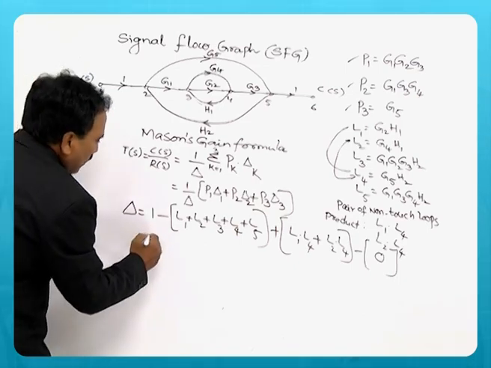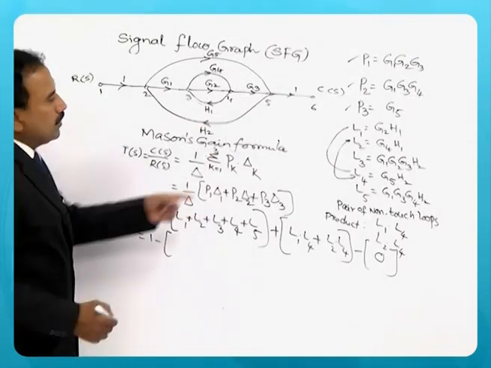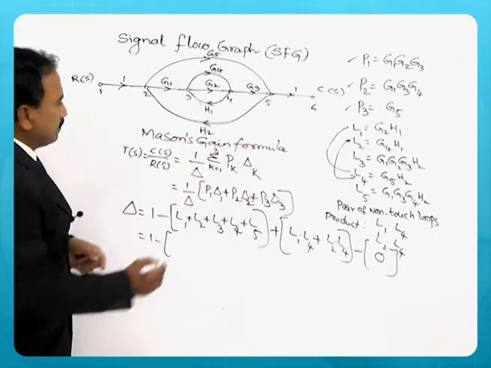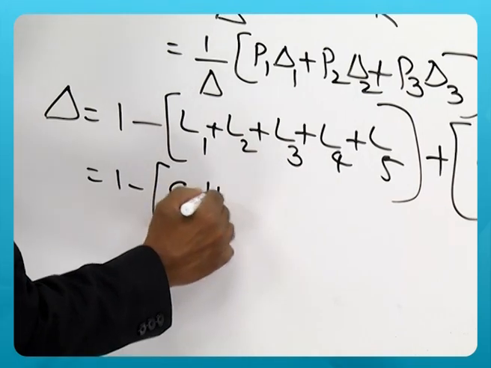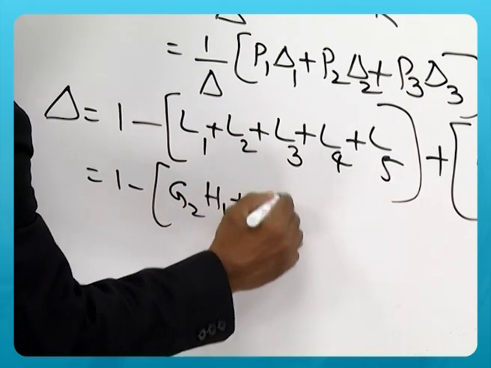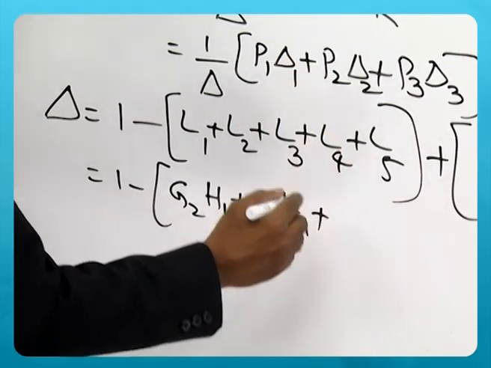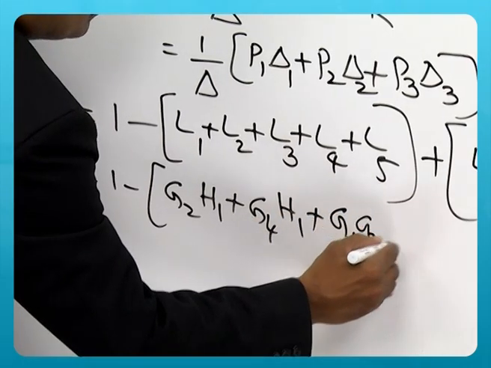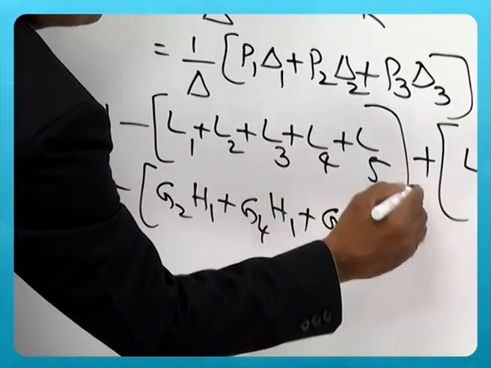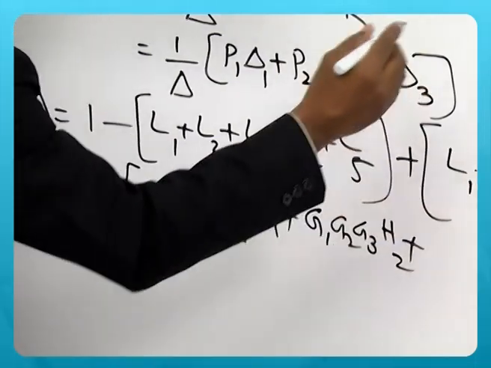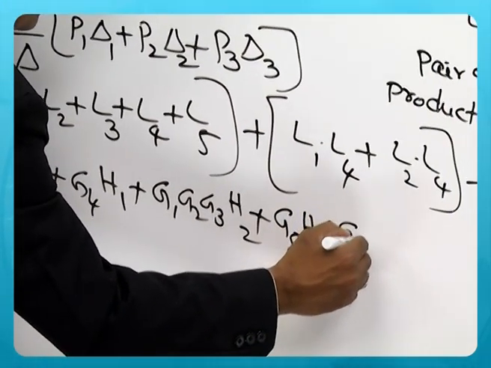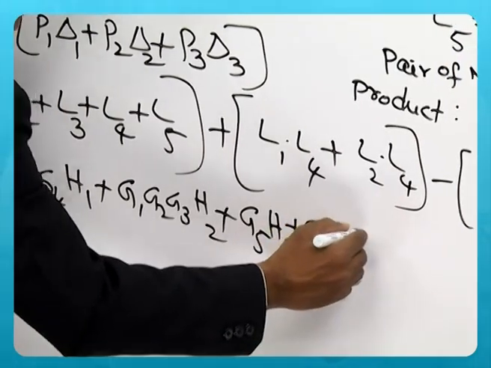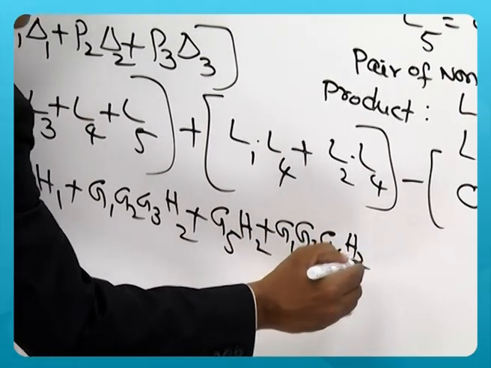So it is given by 1 minus, and you need to represent all those gains. L1 is G2 H1, plus L2 is G4 H1, plus L3 is G1 G2 G3 H2, plus L4 is G5 H2, plus L5 is G1 G3 G4 H2.